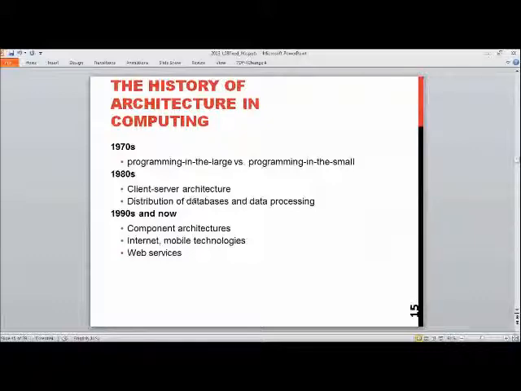In the 70s we talk about programming in the large and programming in the small, meaning basically that we were doing system-focused programming work. We were creating things for a really well-defined or strictly defined architecture, and the idea that the code should be transferable was something that was always custom built into the system.